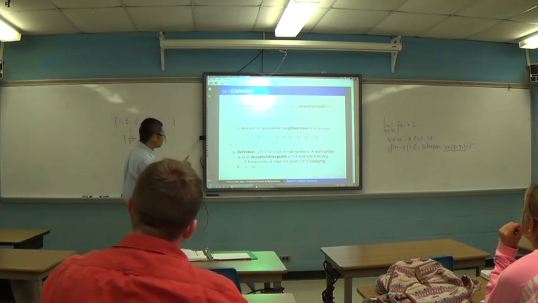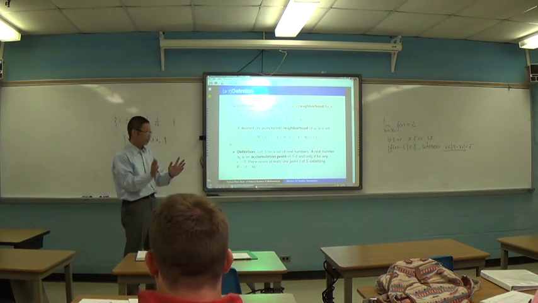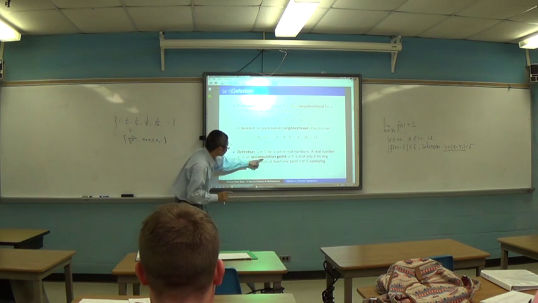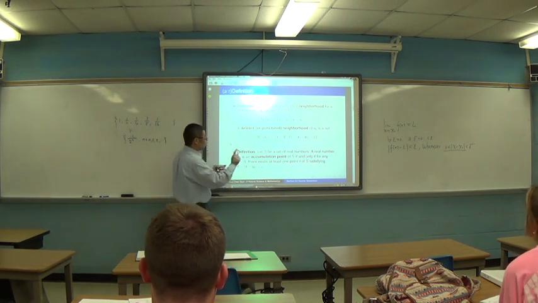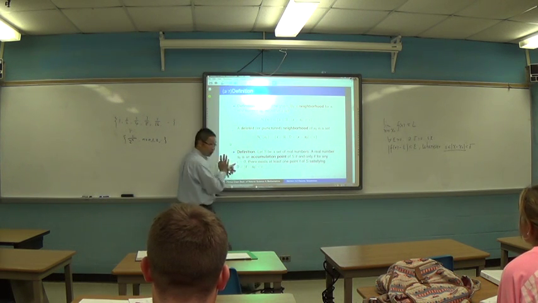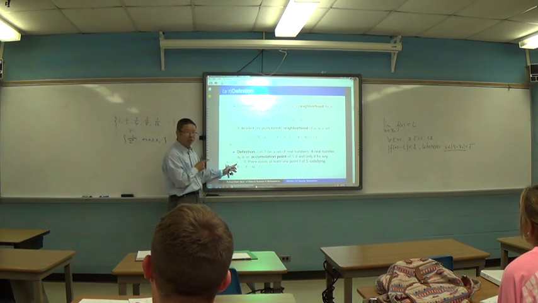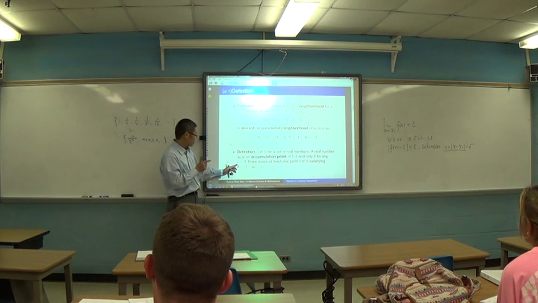Now, what does it mean? Let me give you some explanation. If this is an accumulation point, what does it mean? It means for any epsilon greater than 0, just like the definition of convergence or of the limit.